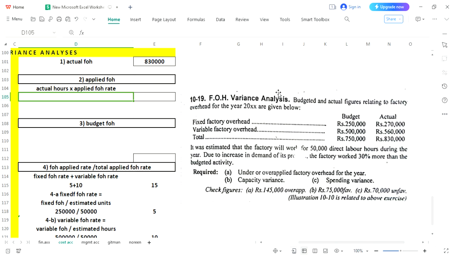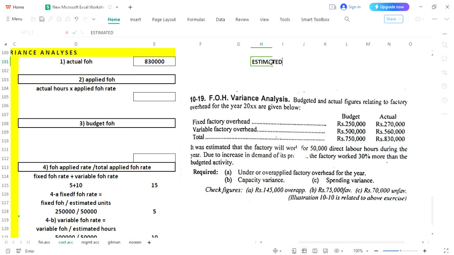So now you can understand that initially you estimated your budget. Your estimated hours were 50,000, and he is saying demand of this product has been increased, so you will have to work 30% more.